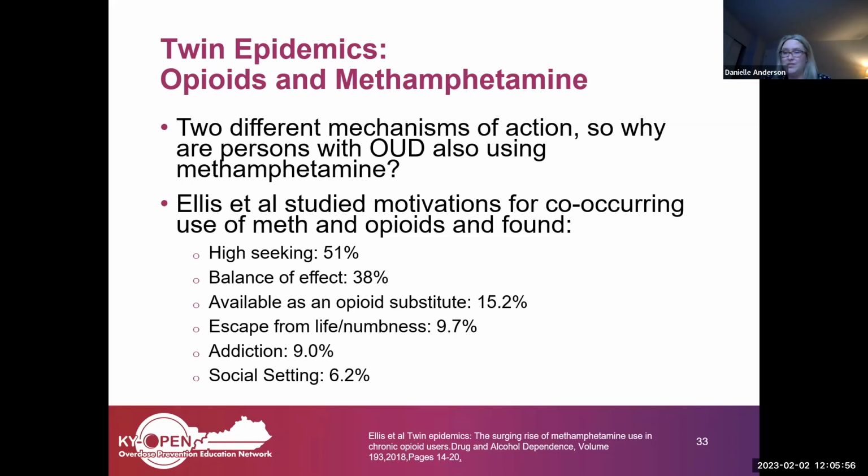The first was that there was increased accessibility. 40% felt like there's more methamphetamine around, so people have more accessibility. 37.5% said that it's increasing in popularity. And then 30% said that methamphetamine is more cost effective to purchase than the opioids, and cited that as a reason why methamphetamine use is increasing in their community.